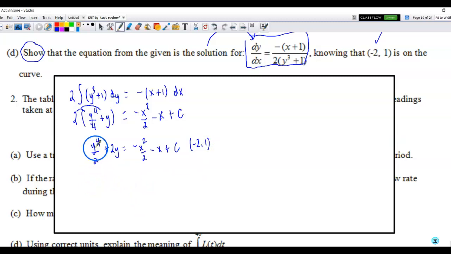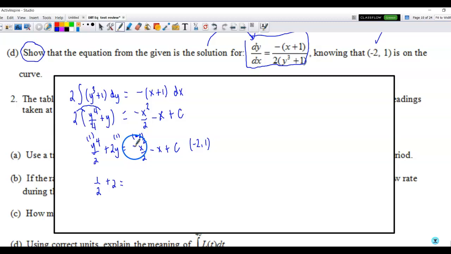So substituting a 1 for y: term number 1, 1 to the 4th power is 1 over 2. Substituting the 1 in place of y, 2 times 1 is 2. On the right-hand side, I'm substituting negative 2 in place of x. When I square the negative 2, I get positive 4.